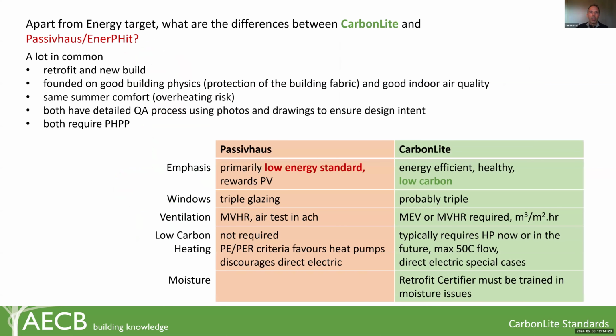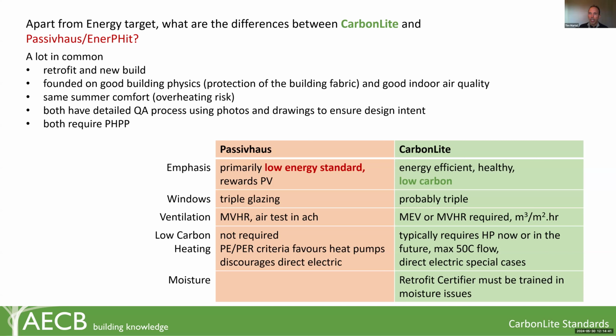So apart from the energy target, what are the differences between CarbonLite and Passivhaus EnerPHit? Well, it has to be said there's a lot in common, and they both deal with retrofit and new build. They're both founded on good building physics, which protects the building fabric.